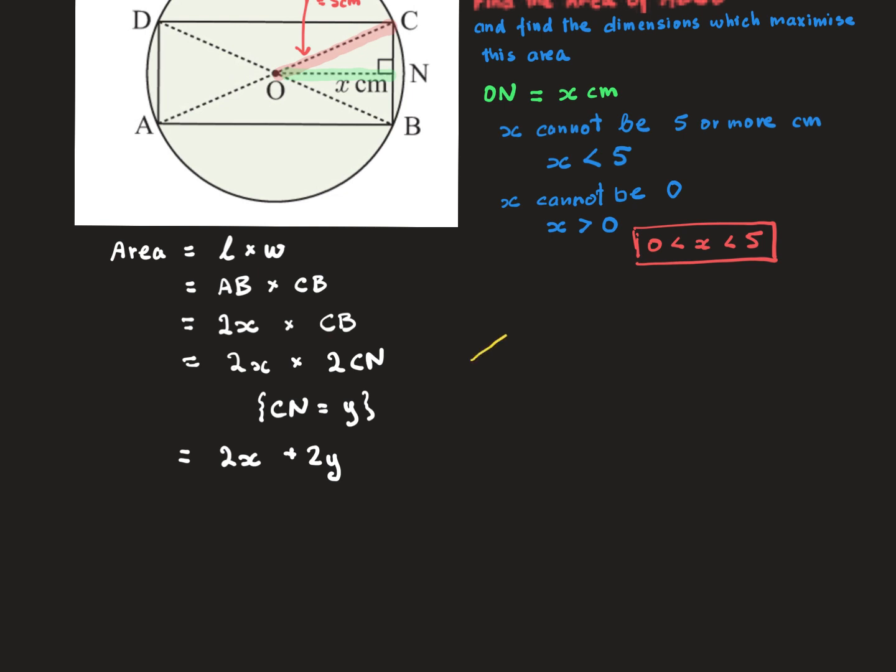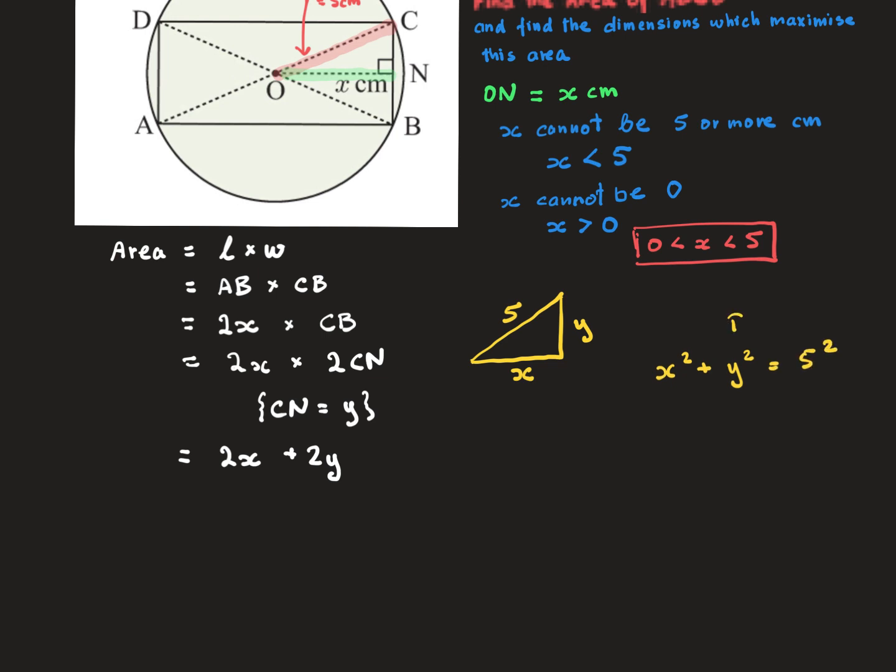So I'm going to use the Pythagoras theorem, because when I look at that triangle here, CN, which I've called y, and this is x, and my radius was 5, I should be able to find the value of y, because I can say that x squared plus y squared is equal to 5 squared.